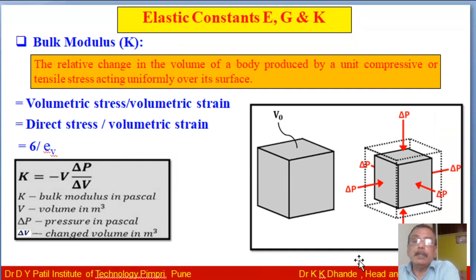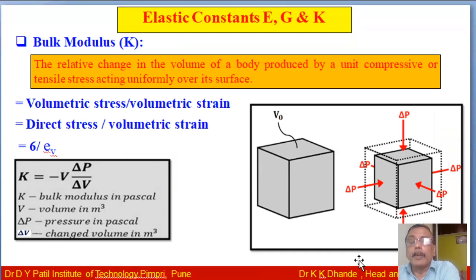In two dimensions, we take the stress in the x direction, sigma x, and the stress in the y direction, and take the summation, which becomes sigma. In three dimensions, we may say sigma x plus sigma y plus sigma z. Instead of that, we write sigma, the total direct stress.